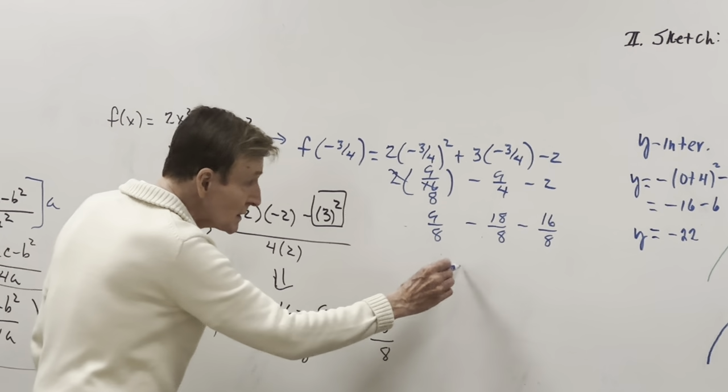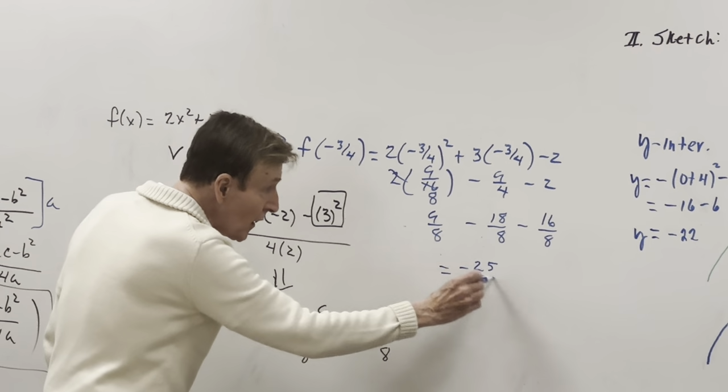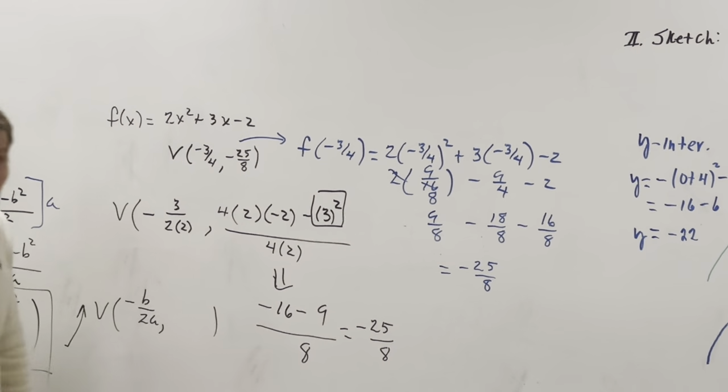Is that this? Yes or no? Therefore, if you don't want to remember this, find negative b over 2a for sure, and then just plug it in. Now, that's nice. Very nice.